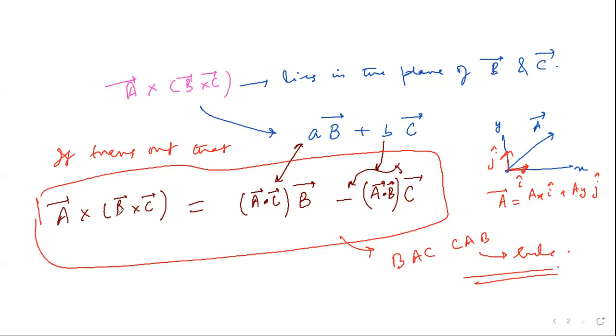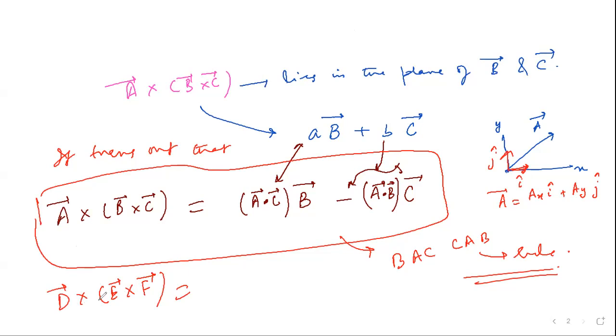Now you can use this for any three vectors. For example, if I have three vectors like D cross E cross F, now apply this rule. What will it be equal to?